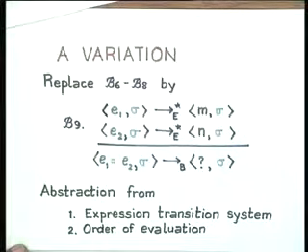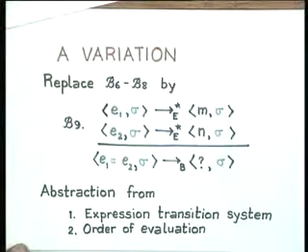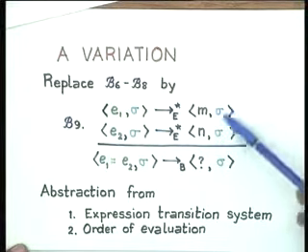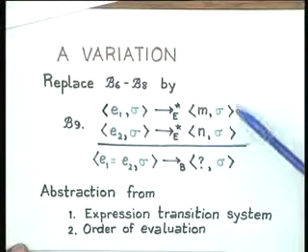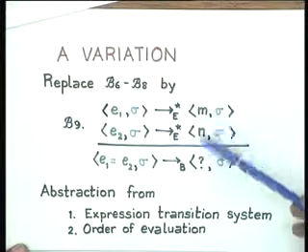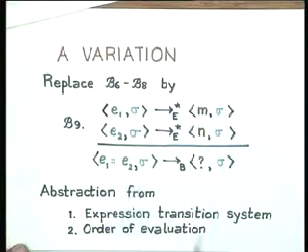If you can somehow prove that E1 sigma goes to this constant m sigma and E2 sigma goes to this constant n sigma, it doesn't matter in what order, whether you evaluate in parallel, non-deterministically, or partially evaluate one and then partially evaluate the other. In some order you evaluate them, and if you get 2 constants, then this equality of these 2 expressions moves to some truth value.